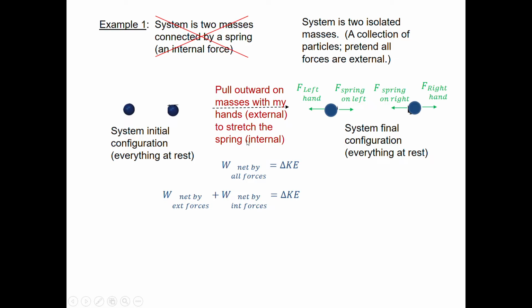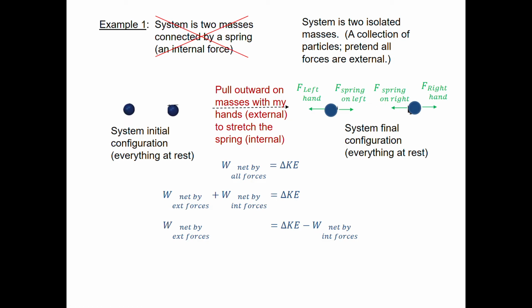So let's apply the work kinetic energy theorem. We're going to divide up the work on the left-hand side into the net work done by the forces that we really want to consider as external, that's my hand forces, and the forces we want to consider as internal, which is the spring forces. Even though I'm pretending they're both external, let's label the spring force as internal for a second. What we're going to do is take the internal forces and put them on the other side of the equation with the minus sign, right?